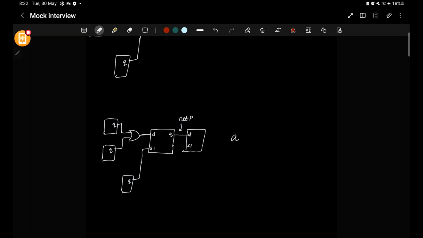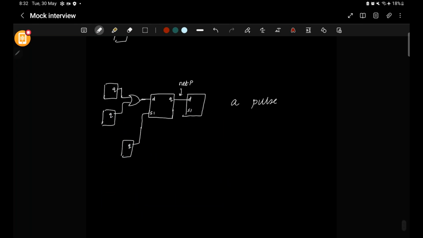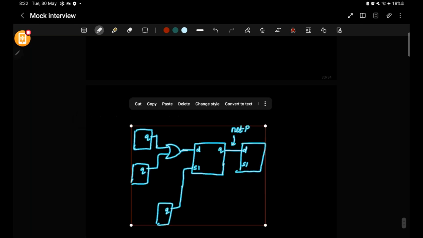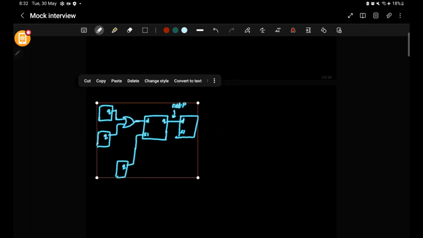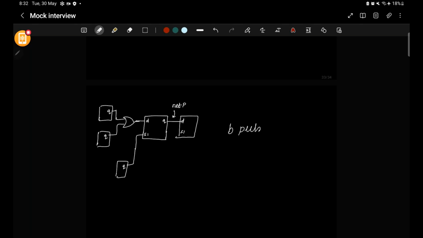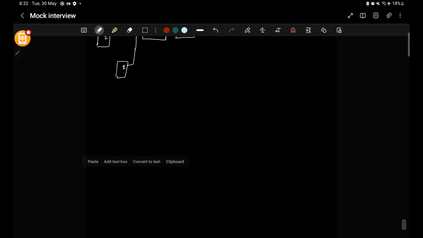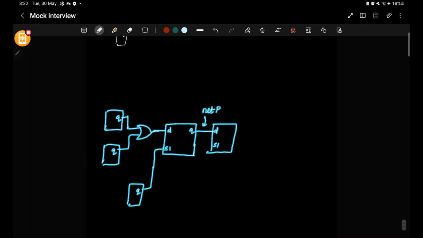This is A pulse, and then this is B pulse, and then this is C pulse.